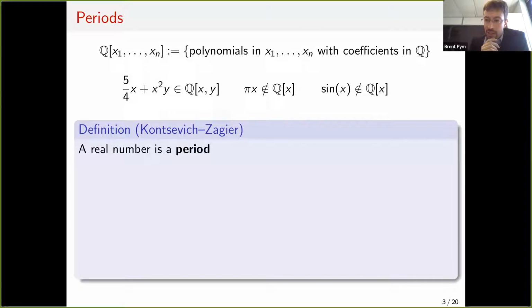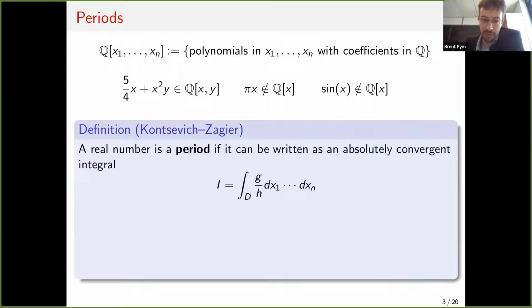Okay, and here's the definition which Kontsevich and Zagier proposed. They say that a real number is a period if it can be written in the following form. So I can write it as an integral which converges absolutely and has the following form. It's an integral of a ratio g over h over some domain D inside n-dimensional space.